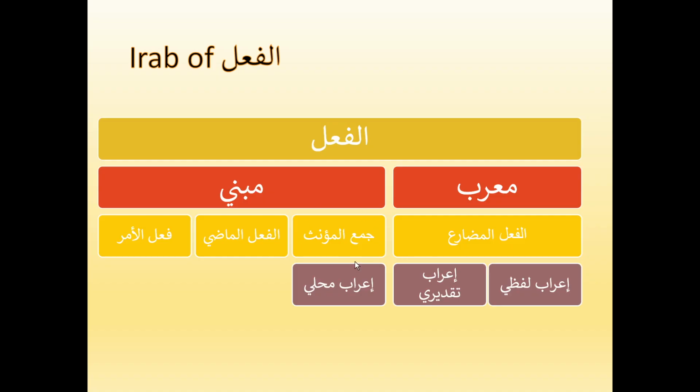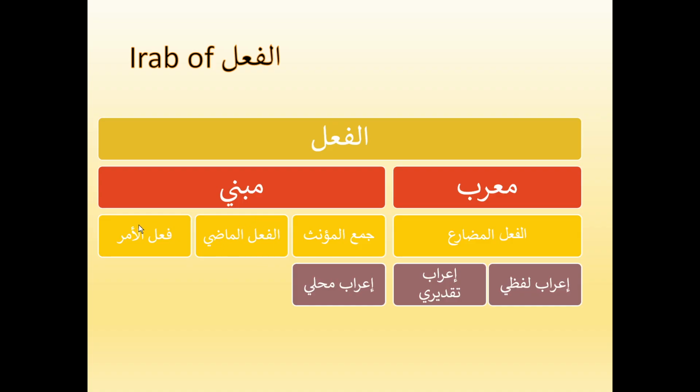Then for the feminine plural, like yansurna, tansurna: yansurna is your third person plural, and tansurna is your second person plural. This will be mahali, that means there is a fi mahal.